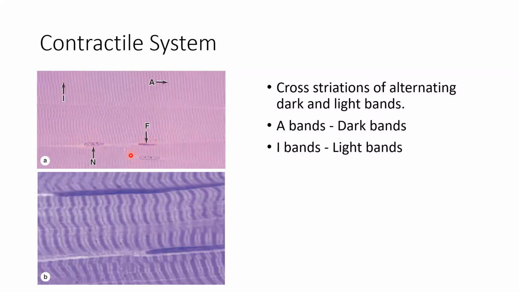And this is a fibroblast. So this is also the same. You can see here the different myofibrils. They are not in the same line. They can differ a bit.